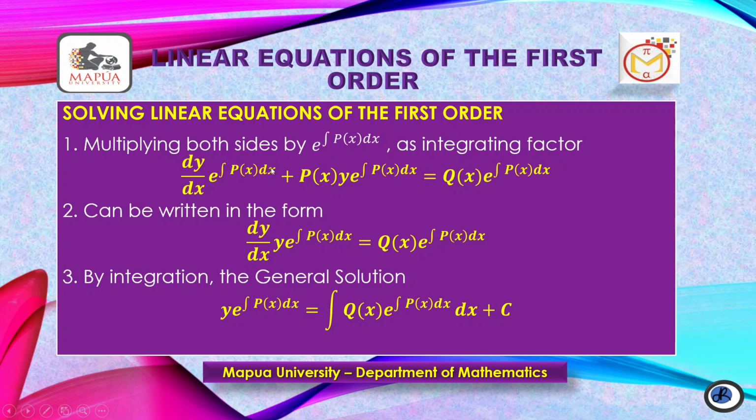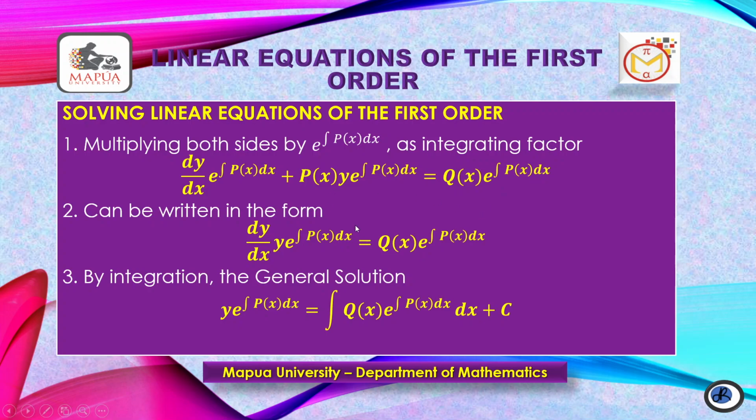When we multiply both sides of our general form of the linear equation of the first order, it becomes dy/dx multiplied by the integrating factor e raised to the integral of p(x) dx, plus p(x) y multiplied again by e raised to the integral of p(x) dx, equal to q(x) times e raised to the integral of p(x) dx.